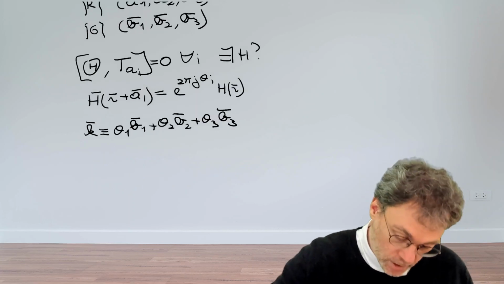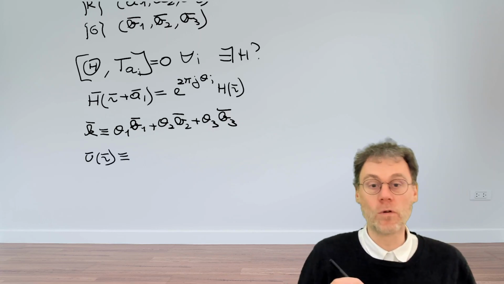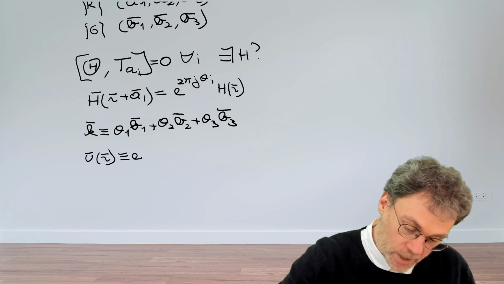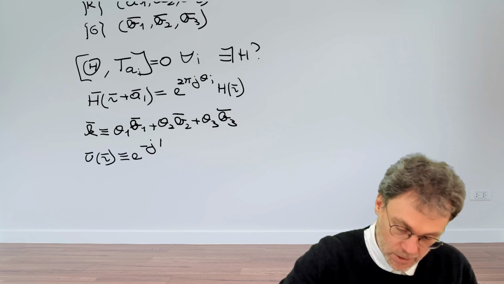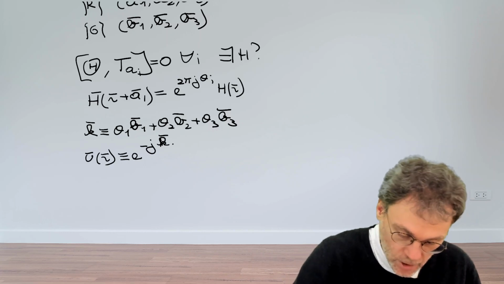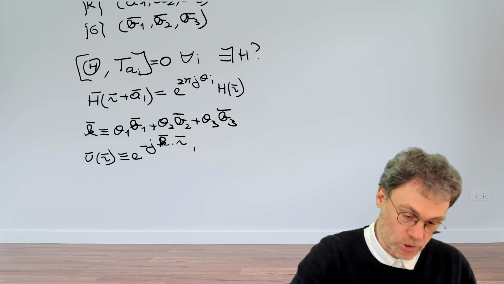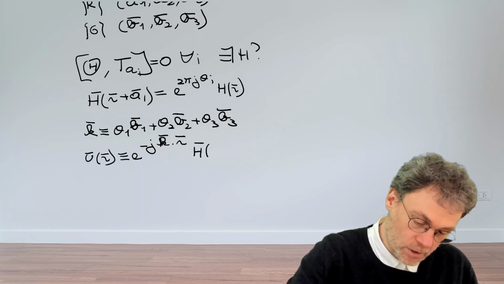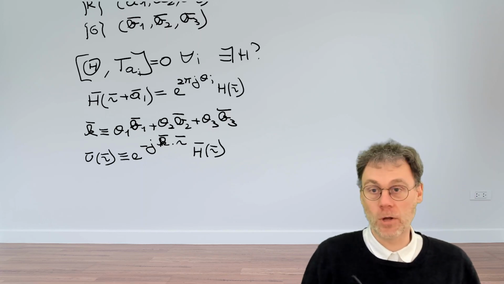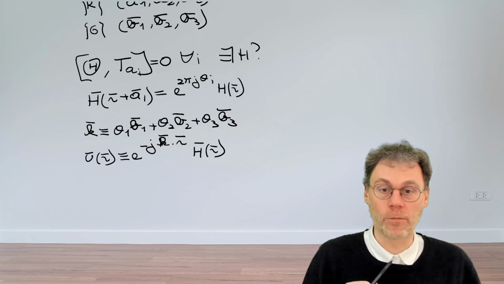There's also nothing that forbids me from defining a certain function u of r, which is then given by exponential minus j times the same k-vector that we've just defined, dotted with r, times the eigenfunction that we're dealing with, H of r. Again, that's just the definition.